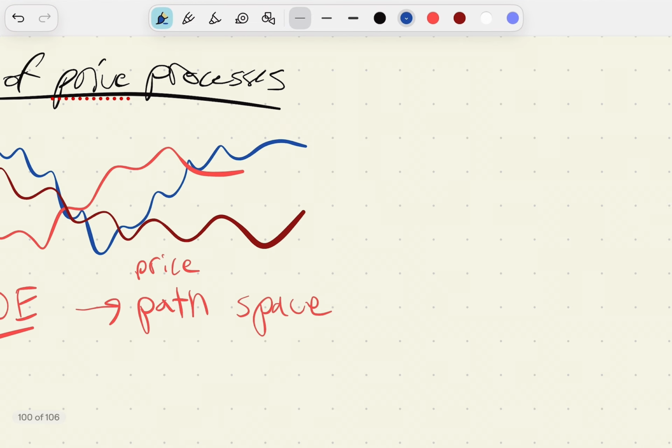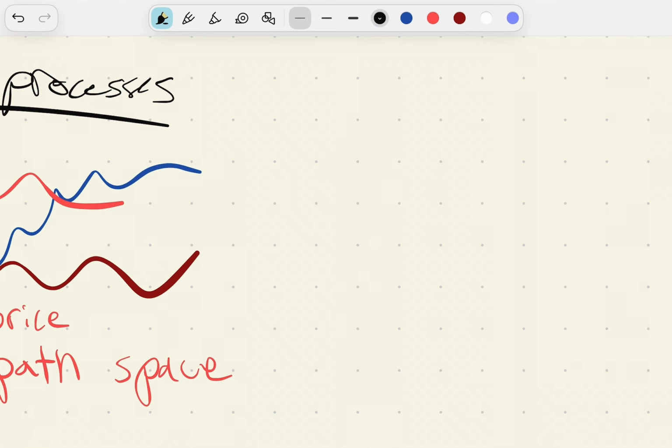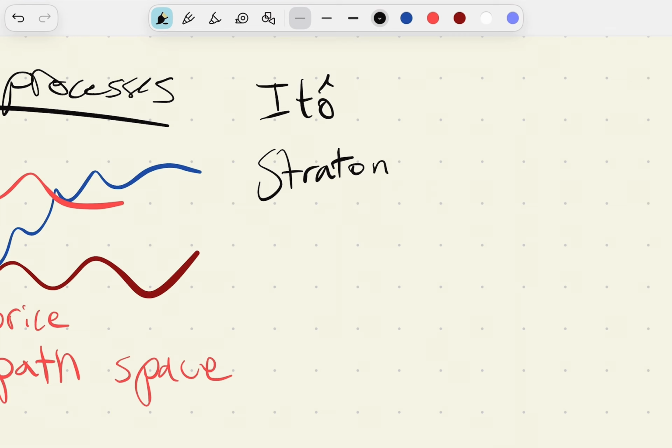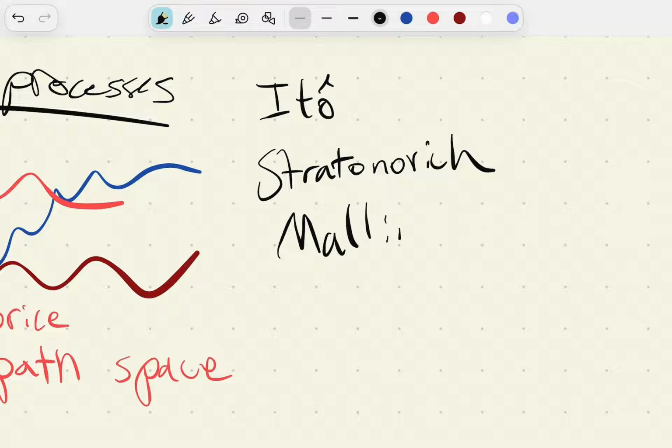We have a selection of stochastic calculi to use. We have Ito's calculus, which depends on Ito's lemma. There's the Stratonovich, and there's also Malevin.